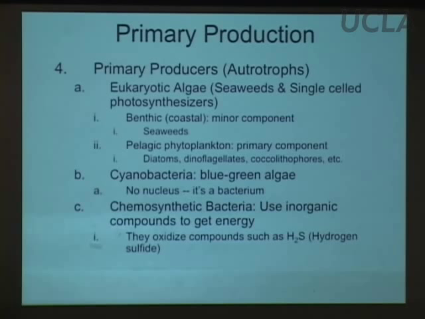I'm not going to talk about them further because there's not actually that much to say, at least that I can think of. But they actually are kind of important. Particularly they're important if you want to understand what was going on in the ocean 1 billion or 2 billion years ago, because they're probably some of the first photosynthesizers that came into being. And they're also pretty good at dealing with ocean waters that are not hospitable to other kinds of organisms. So they may occur in areas where other organisms can't.